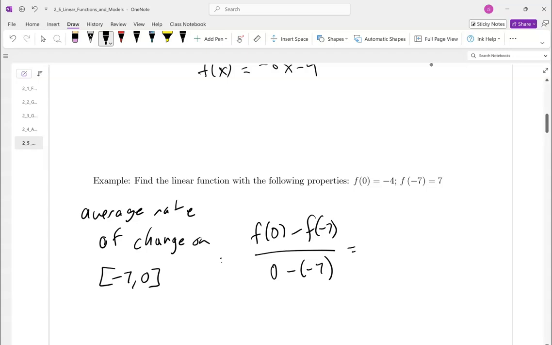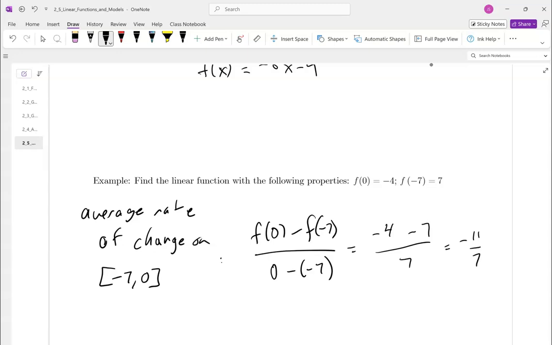F of 0 is -4. F of -7 is 7. So we get -4 minus 7 over 7, which gives us not the nicest fraction in the world, but -11/7. That will be our average rate of change.